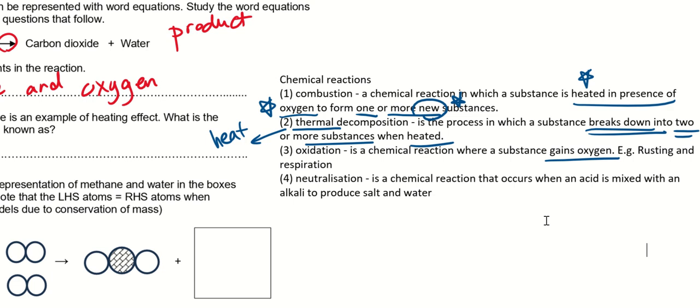But later I'll go through it again. So just take note that oxidation is rusting and respiration. Number 4 is neutralization. It is very special. It is a chemical reaction that occurs when an acid is mixed with an alkali to produce salt and water. So these are the 4 chemical reactions that you need to memorize.